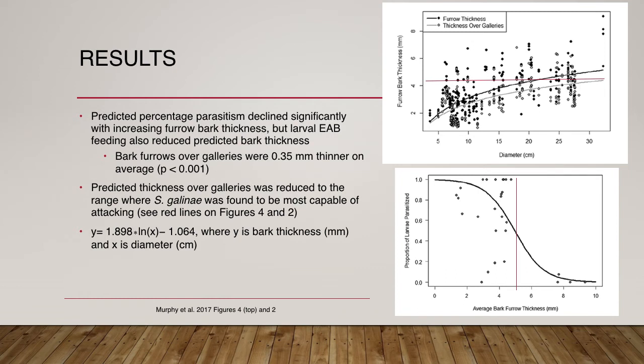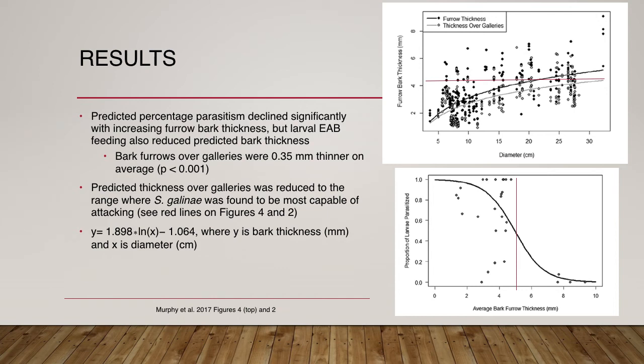And so their regression line predicted that parasitism would significantly drop off as the bark got thicker. But they also found that where ash logs had larvae feeding on them, those logs were thinner than the logs that did not have larvae feeding on them.